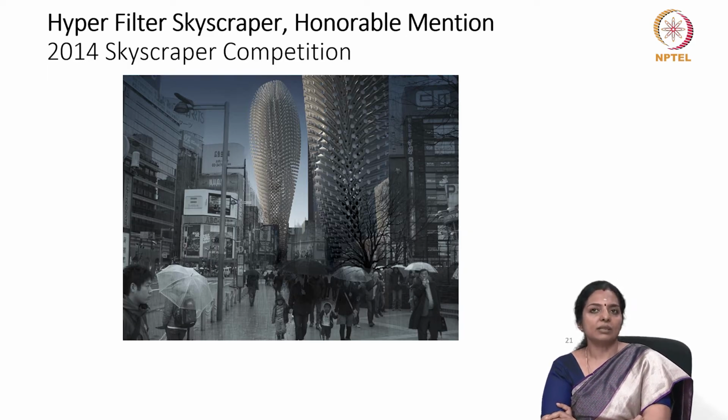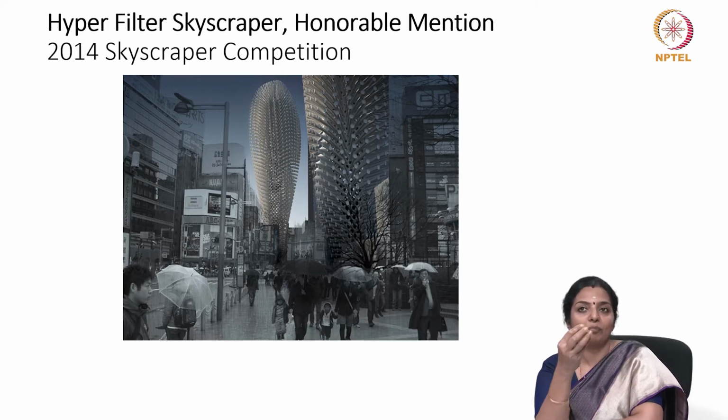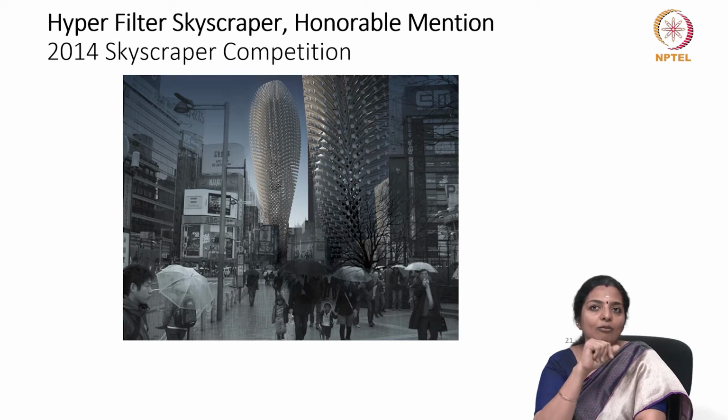There are harmful substances which spread into hundreds of kilometers, and an entire region can become a very polluted place. Now this hyperfilter skyscraper is conceived to inhale the pollutants and other harmful gases in the city and release concentrated oxygen.